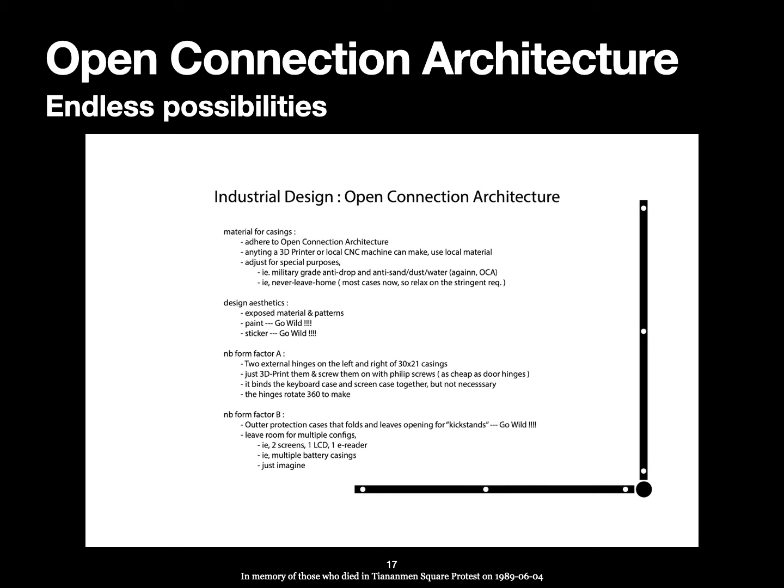If the user prefers a traditional notebook form factor, it can be achieved in two ways. The first one is external hinge, like the one you see here on screen. This is deceptively simple, just like door hinges.